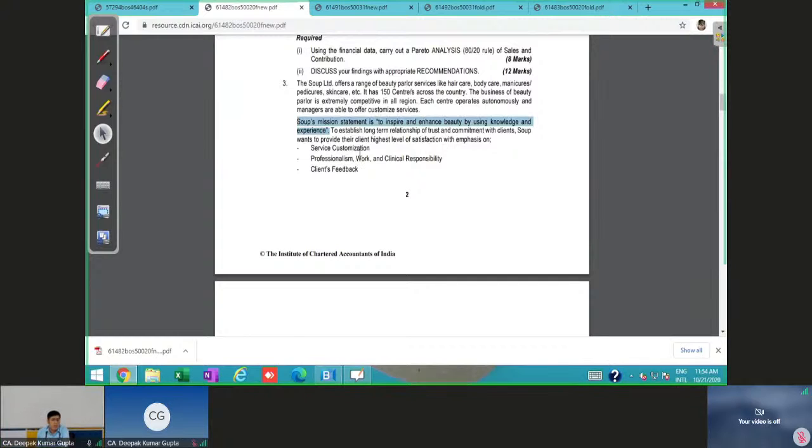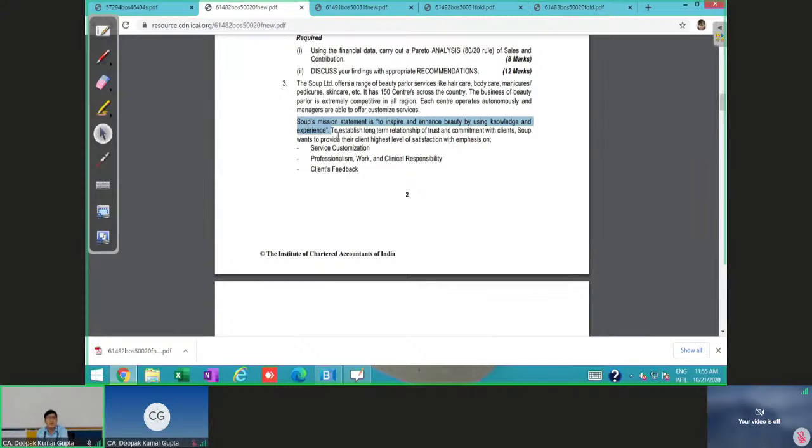Please note, in a question or in a case, it is very important to define properly the mission statement or vision statement, because the performance measurement is entirely based on the company's mission and vision statement. Vision of a company determines its mission statement.